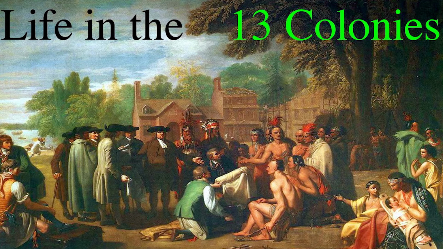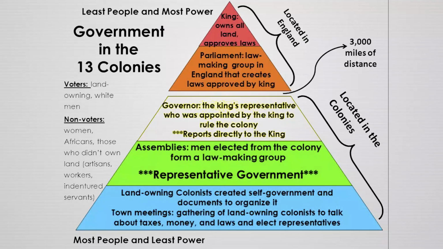All the lower positions were elected by the people, but those in upper positions were directly appointed by the king. The king did not have dictatorship in these colonies, but the problem was that there were no representatives of Americans in the Parliament of London.